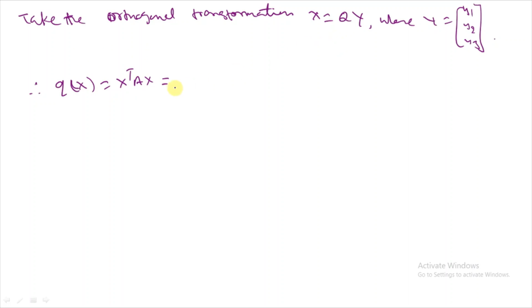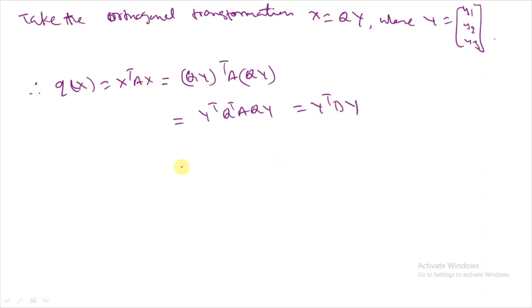Taking x equal to Qy, we get Qy transpose A Qy, which is y transpose Q transpose A Q y. With the orthogonal transformation, this is y transpose D y, where y transpose is y1, y2, y3.